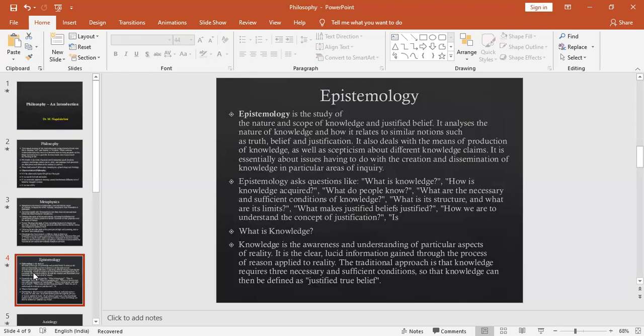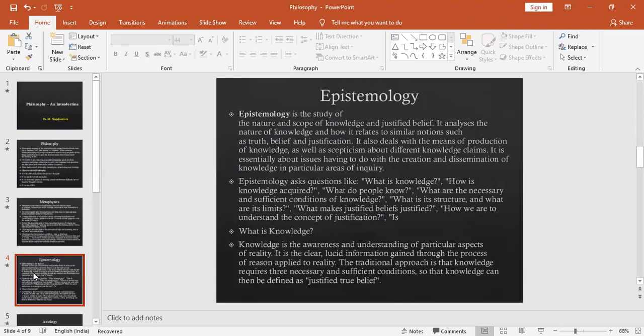So what is knowledge? The very basic question. Try to answer this question. Knowledge is the awareness and understanding of particular aspects of reality, right? Something is happening or something has happened. It is the first thing, that it is the awareness and understanding of particular aspects of reality. To understand the reality, that is knowledge. It is clear, lucid information gained through the process of reason applied to reality, right?